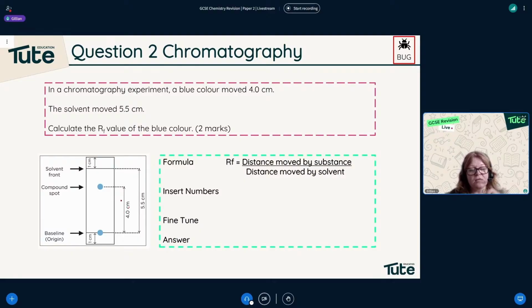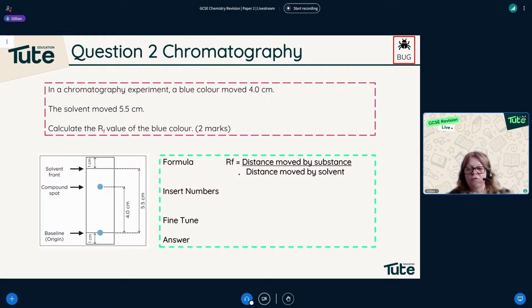Now, my tip is when you are doing this, you always measure from the baseline to what we call the solvent front. So this is the distance moved by the solvent, but when you're measuring the distance moved by the substance, remember you are measuring to the middle, the center of that spot. So make sure again you've got your ruler tomorrow.